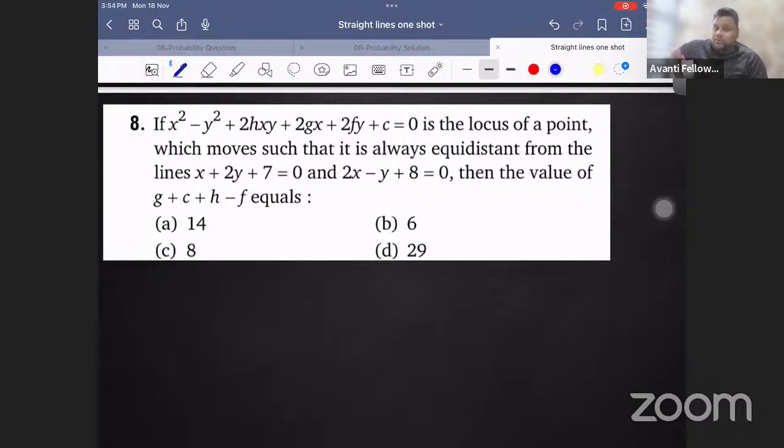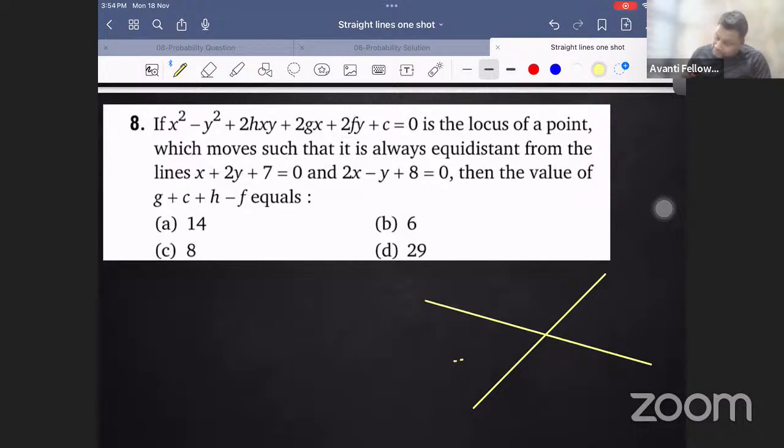So I have told you the locus of a point which is always equidistant from two lines is actually what? It is the bisector of the lines. So definitely these two lines will have two bisectors, one this and one this.